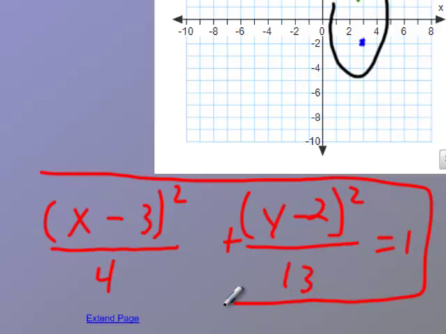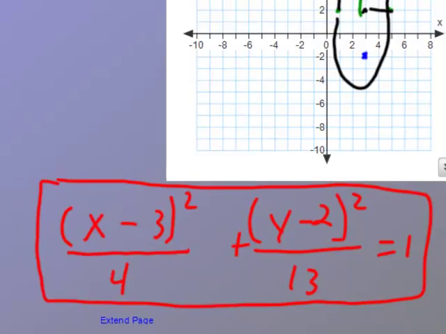And then I would box that in. And that would be how we can find one.